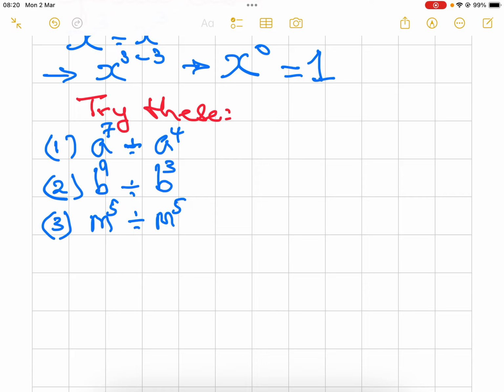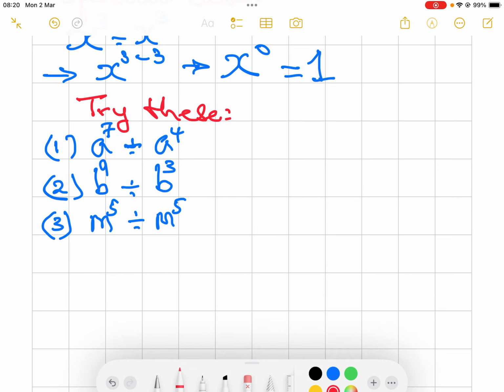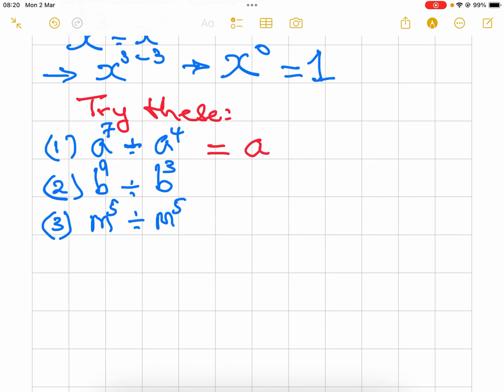And number 3, m raised to power 5 divided by m raised to power 5. Now pause and try fast, and then we'll solve together.